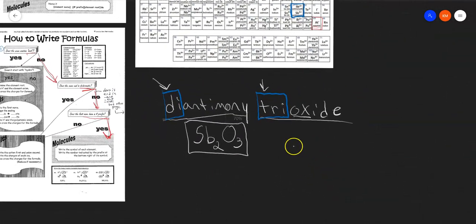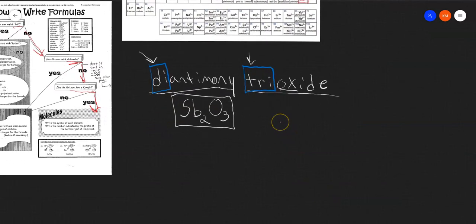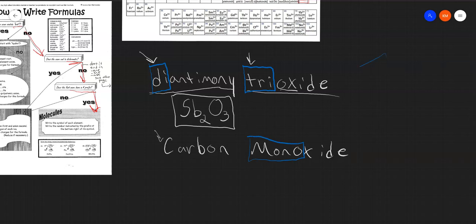Let's do another quick one because this is starting to run long, and I'm not even going to clear out. I'm just going to write it down here. All right, so again, you write the symbols. It doesn't start with a metal. It doesn't have dichromate. It does have a number prefix. It does not contain the word acid. So we're in the same boat as we were here.